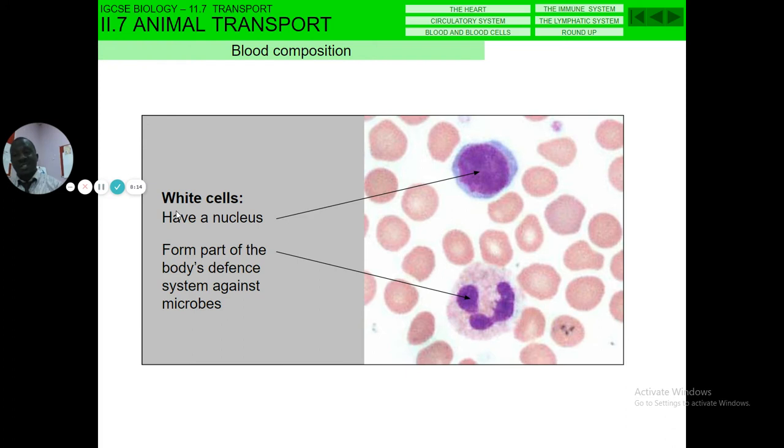They are numerous, and that increases the surface area for transportation of oxygen. However, white blood cells form part of the body's defense system against microbes, as we saw in our previous videos regarding transport, and specific and unspecific defense of the immune system.